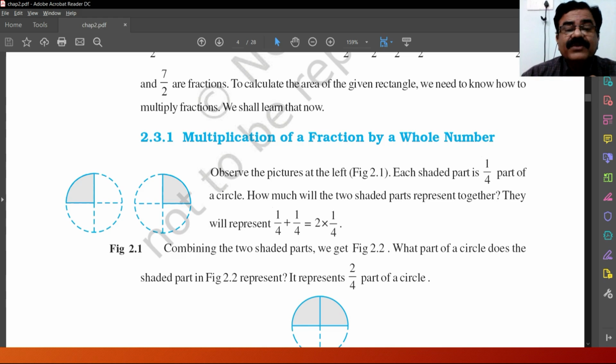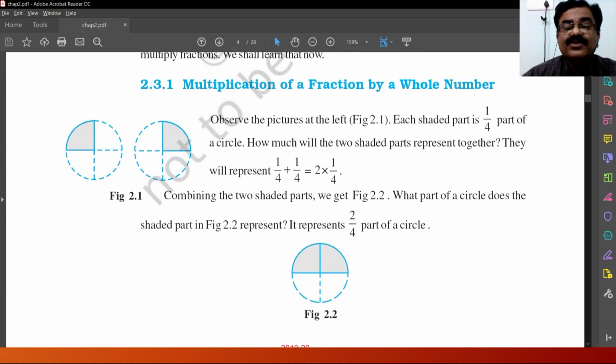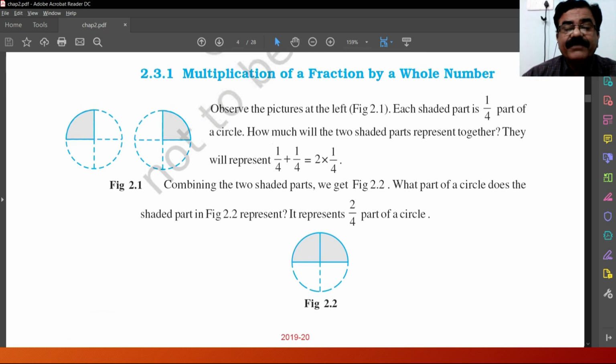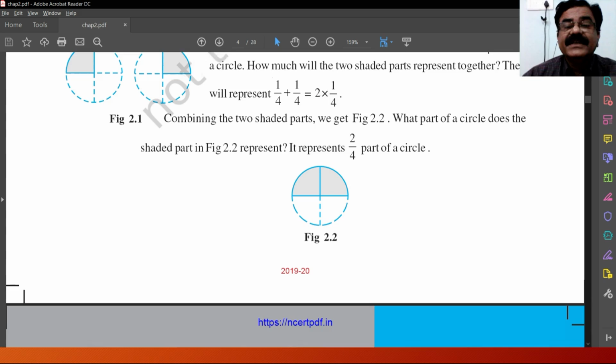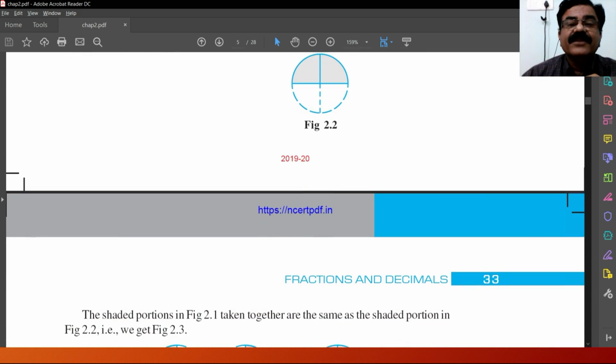So if we add these, we obtain 1 by 4 plus 1 by 4 is equal to 2 into 1 by 4. That can be written as 2 by 4 part of a whole circle, and it can also be represented through the figure. Figure 2.2 is the representation of 2 by 4.